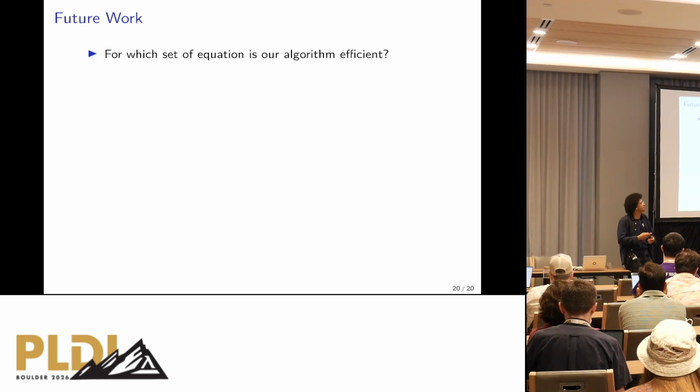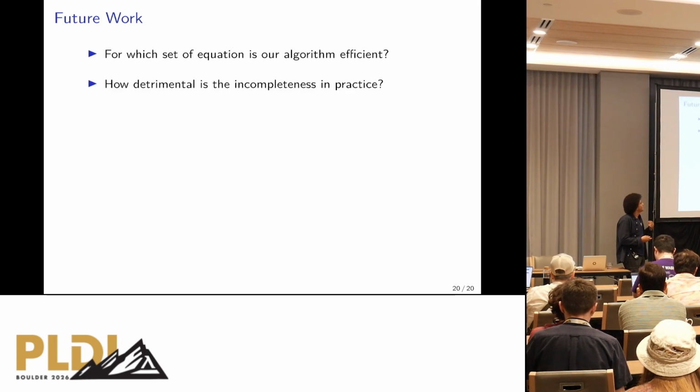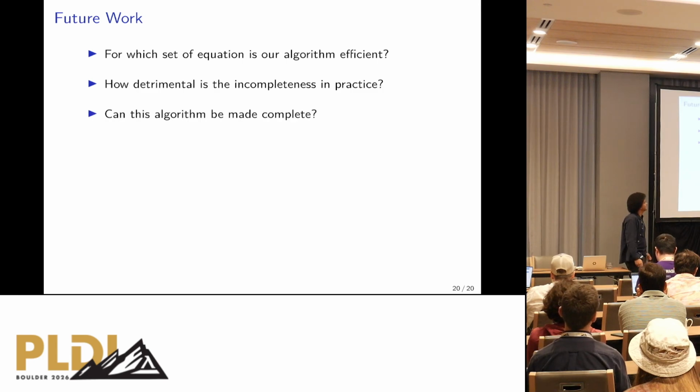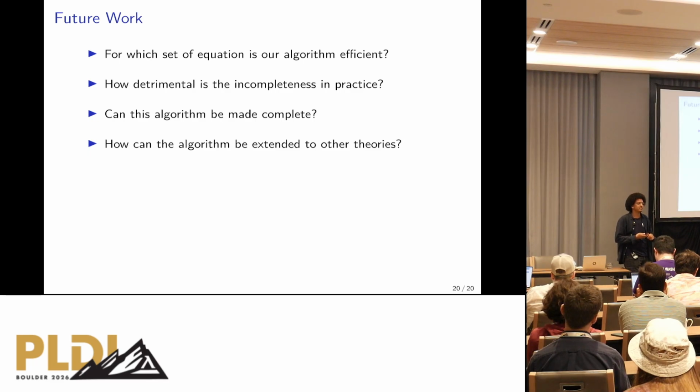Okay, so to conclude, there's a lot of future work to make this really efficient, and maybe a question is, when is it efficient, how much is the effect of completeness, or how devastating is the effect of the missing completeness, and can we extend this to other theories by implementing the tricursor interface?